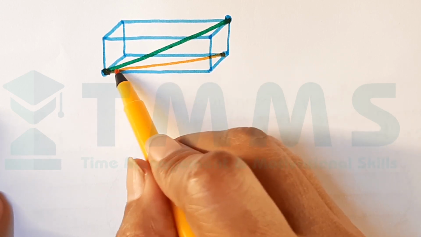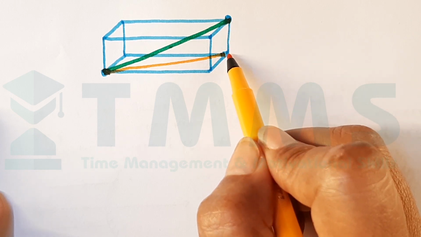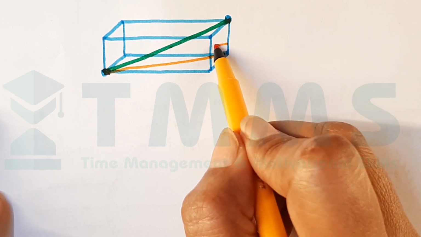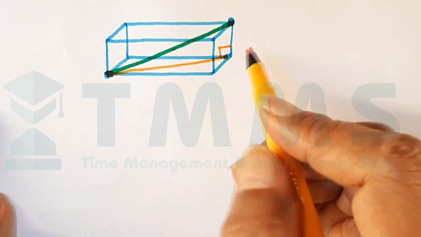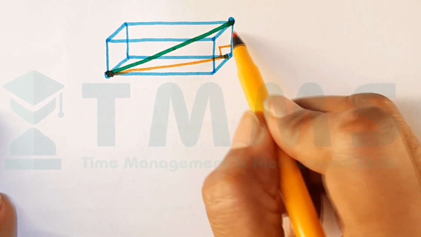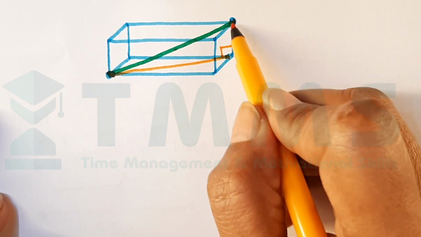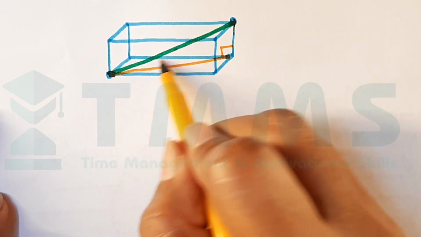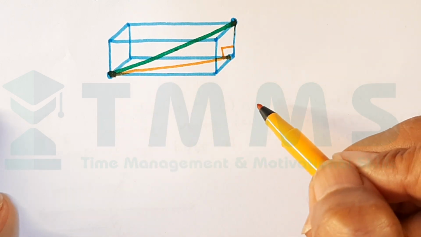This surface over here, this one, is perpendicular to this edge, and this is 90 degrees. Okay, try and understand, because I know sometimes it's difficult to visualize, but nevertheless, understand that this edge is perpendicular to this surface. So this angle becomes 90 degrees, right?